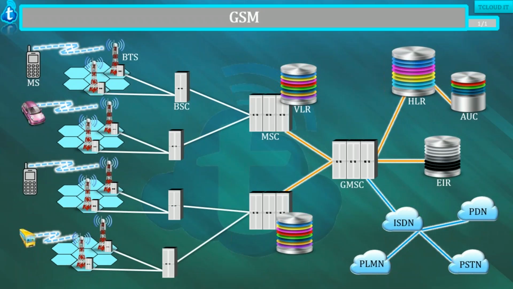Inside the LTE HSS, we have HLR functionality as well as authentication center functionality. But because the hardware has become much more complex in modern days, they have brought these two databases, HLR and authentication center, together and called it the HSS.